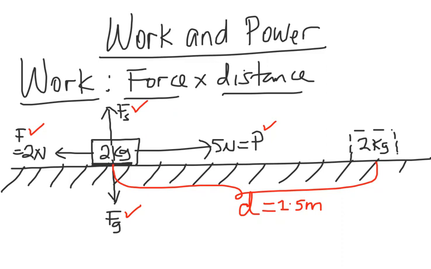Next slide. First of all, let's start with the work done by the pulling force, the 5 Newton force. This force is acting to the right, so we are going to put plus 5 newtons, times the distance, 1.5 meters.